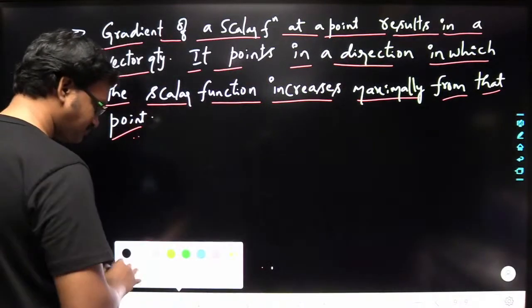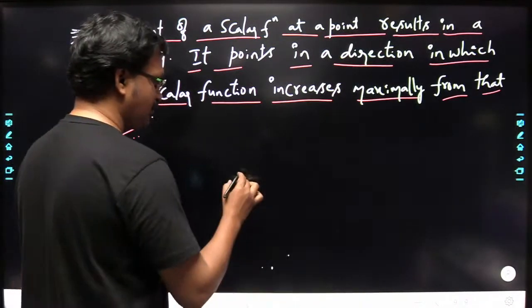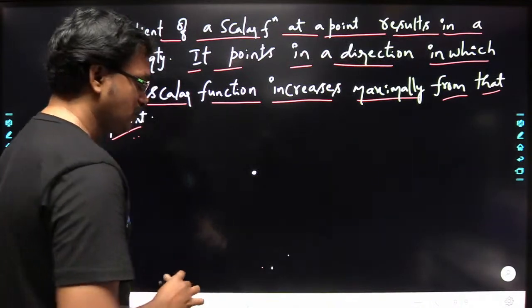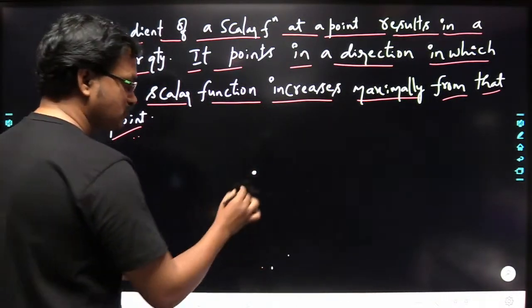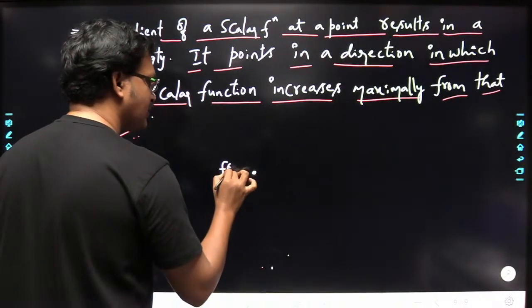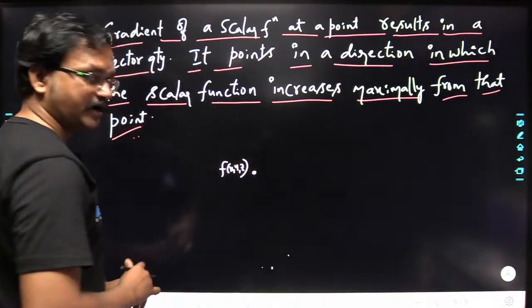Now let us consider a point here. Some scalar function is distributed here. Let us assume some point here. At this point, the function is, let us say, f of x, y, z. So you are present at this location.